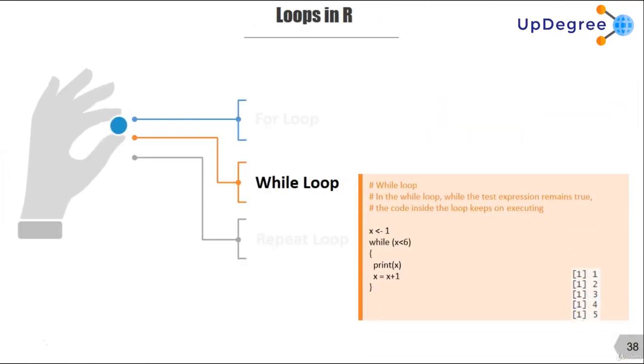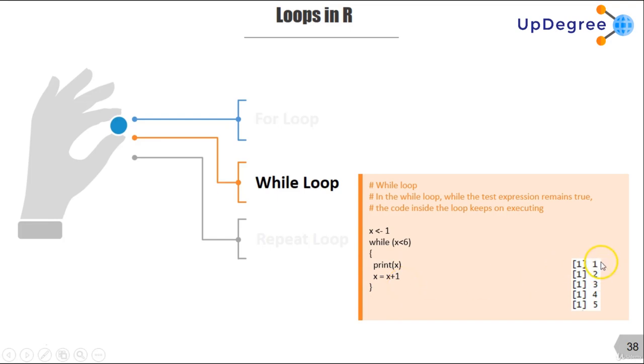Now talking about the while loop, in the while loop, while the test expression remains true, the code inside the loop keeps on executing. So this will run until the condition is met, which is x less than 6. I am starting with x equal to 1, then I check whether it is less than 6, then I print x, and before exiting I increase it by 1.